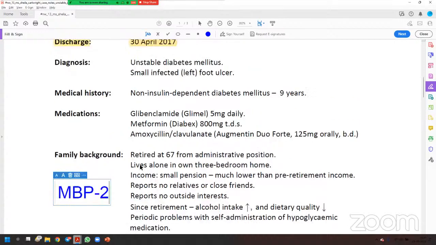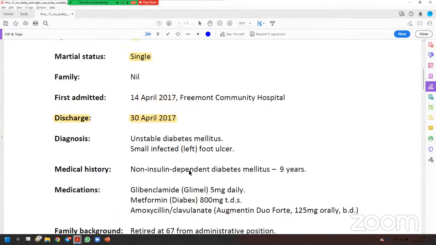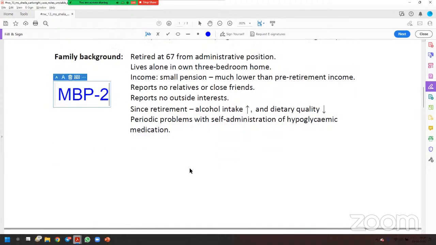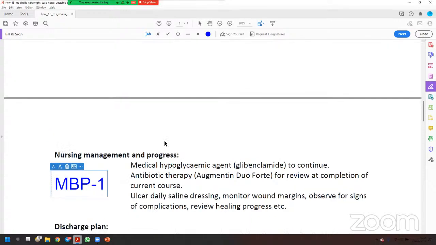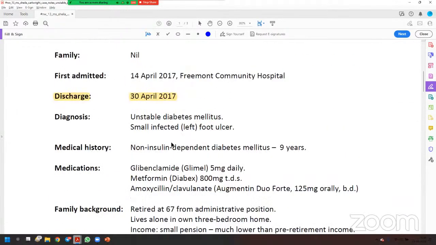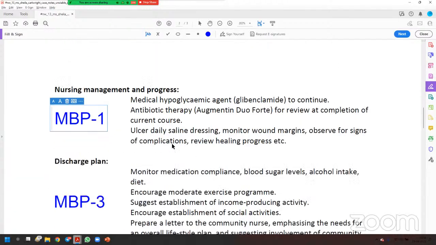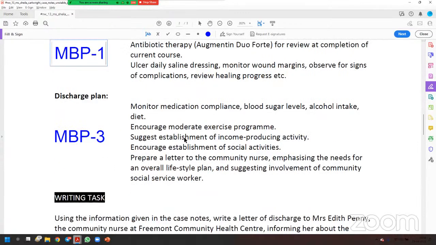Then nursing management can go into main body paragraph 1. So main body paragraphs 1, 2, and 3.